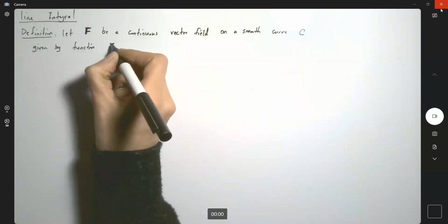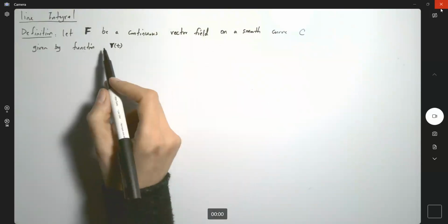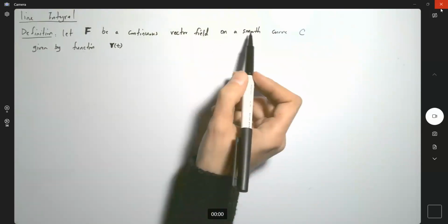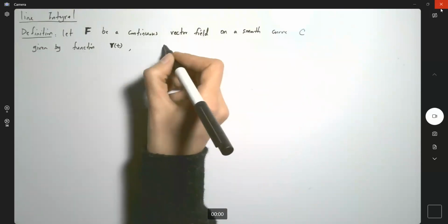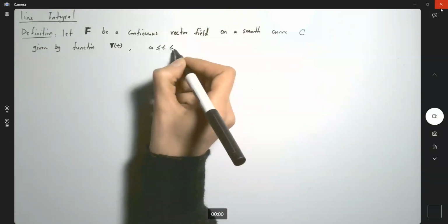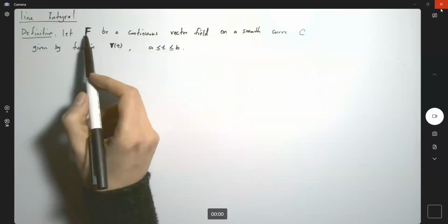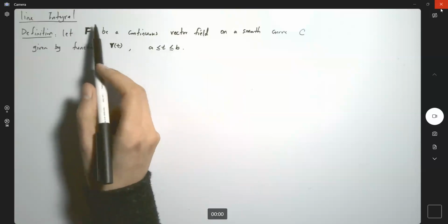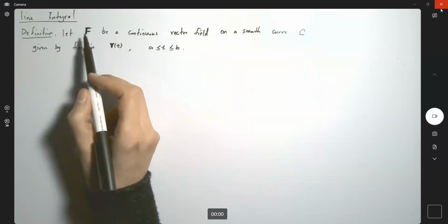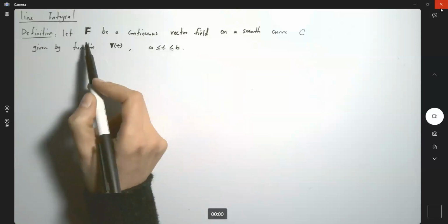Again, I'm going to use a bolded letter r to represent the vector definition of this curve C. And suppose your t is bounded between a and b. So now that you have a vector function, you're interested in knowing how to find the line integral of this vector function over this smooth curve.